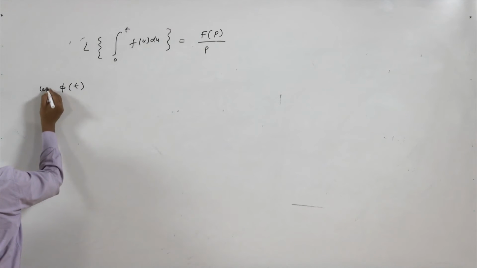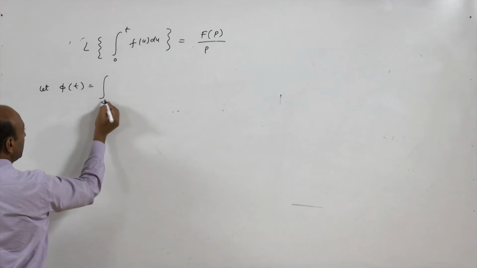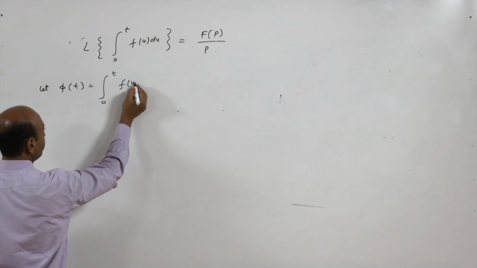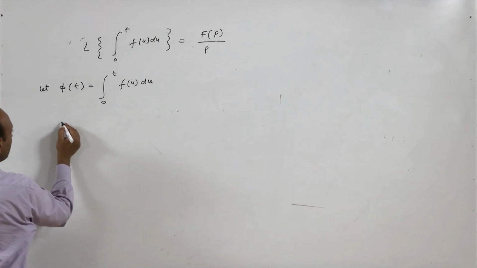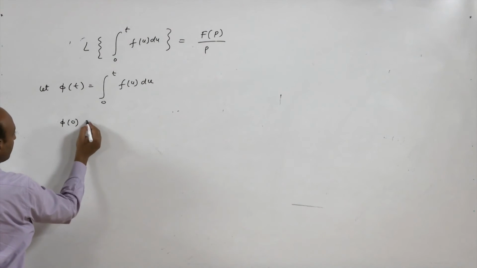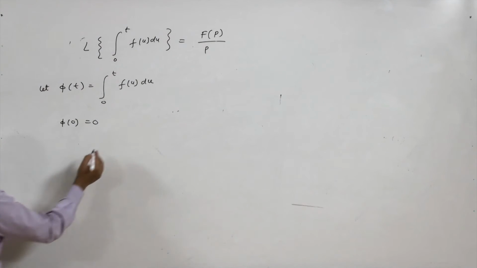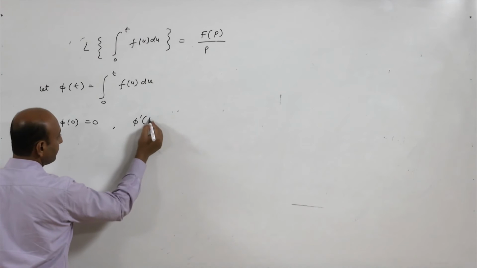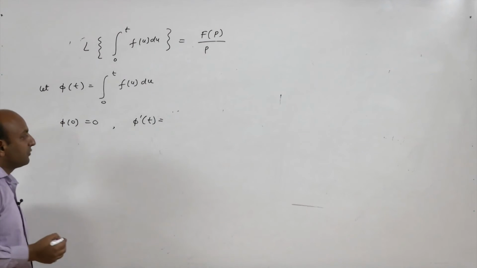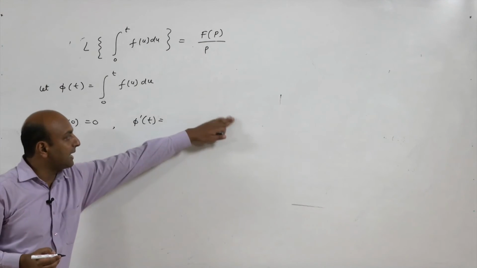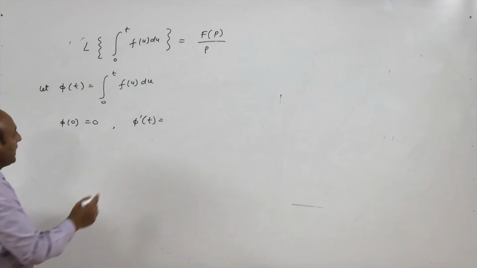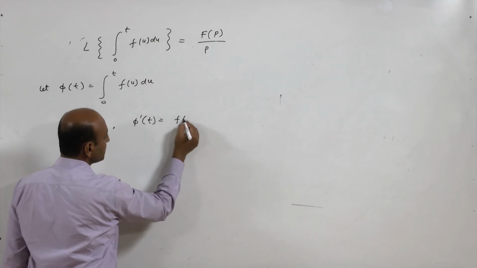You let phi(t) is equal to integral 0 to t f(u) du. So, what will be phi(0)? Is of course 0, because when you take t equal to 0, the value will be 0. And what is phi dash t? So, you have to differentiate with respect to t, so you have to apply Leibniz theorem here. So, when you apply Leibniz theorem, it is nothing but f(t).